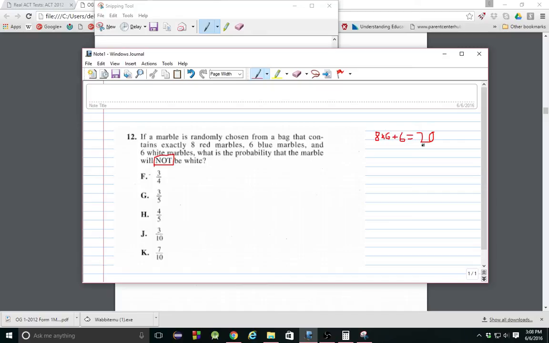So there are a total of 20 marbles. What is the probability that the marble will not be white? Okay, so there are 6 white marbles.